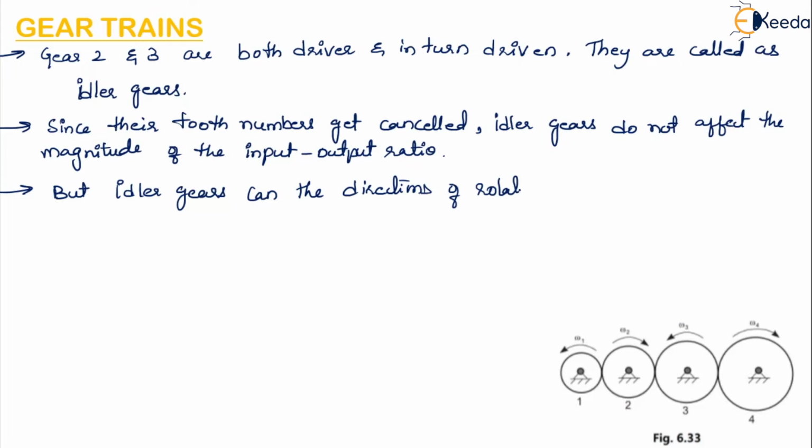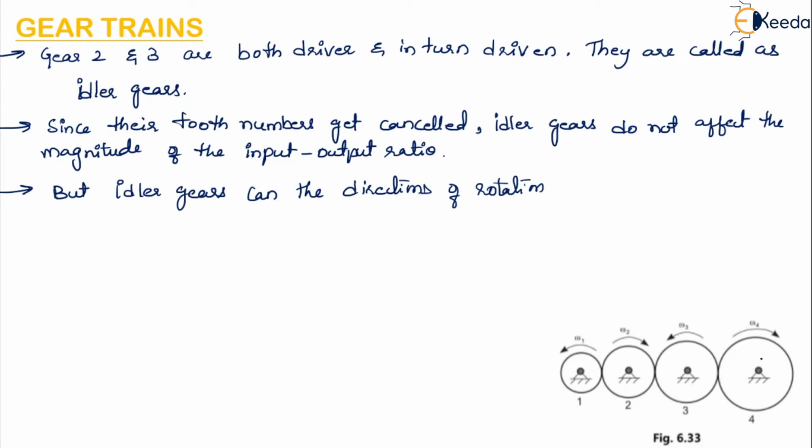Here you can see the first gear is driving in the anti-clockwise direction, the second gear in the clockwise direction, the third gear again in the anti-clockwise direction, the fourth gear in the clockwise direction.